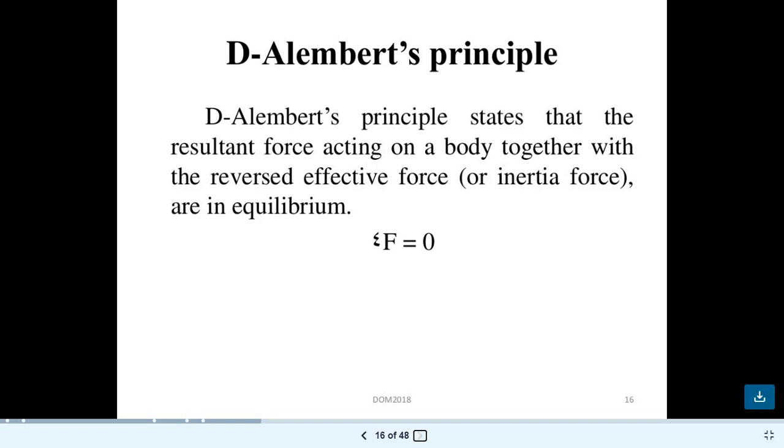We have to sum all the external forces and inertia forces, and all the moments and inertia torques. It becomes zero. That is what D'Alembert's principle says.